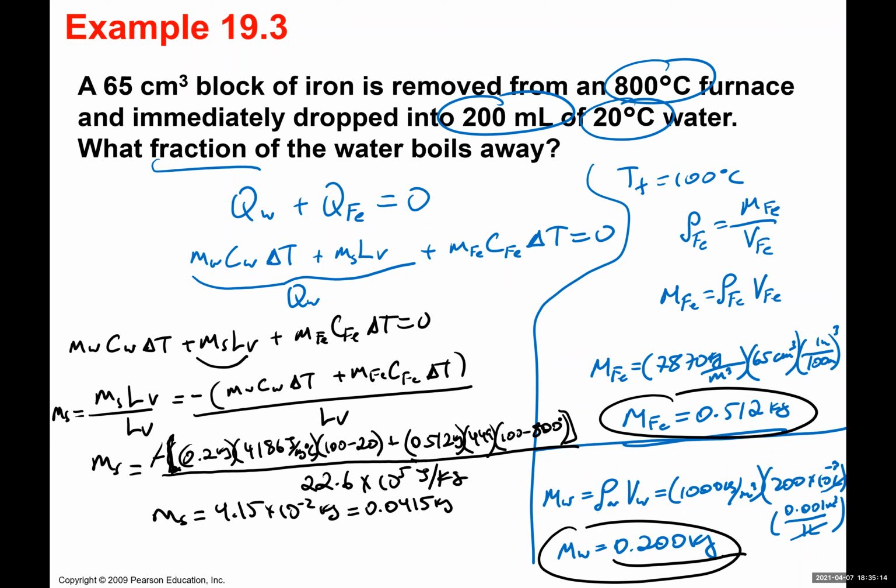And you can see, right, total I have about 200 grams. So let's say the fraction here is 0.0415 over 0.2 times 100%, we're going to get roughly 21%. That means 21% of the water now is in steam form, 79% is in liquid form. All right.